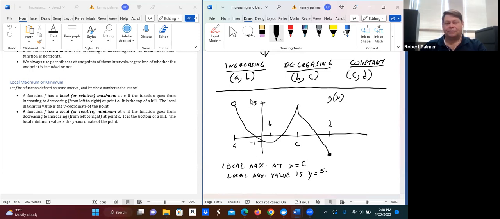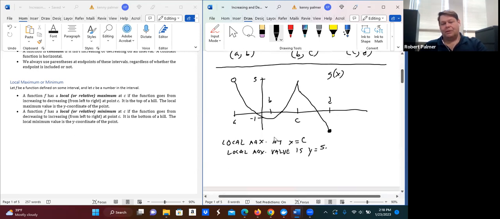Okay. Now, let's think about local minimum values. And we have one of those. So local minimum is the bottom of hills where it goes from decreasing, then it starts increasing.